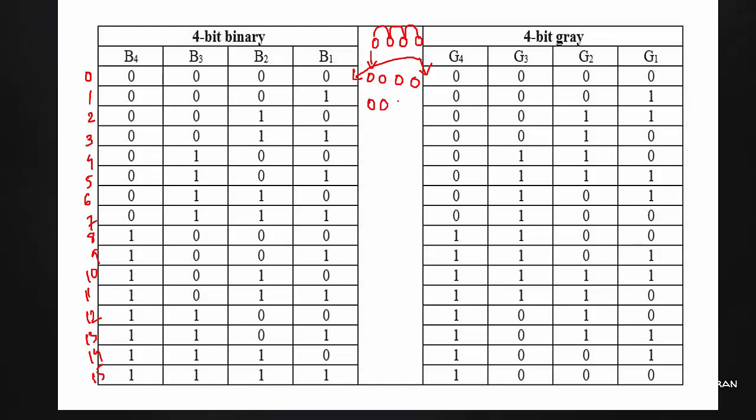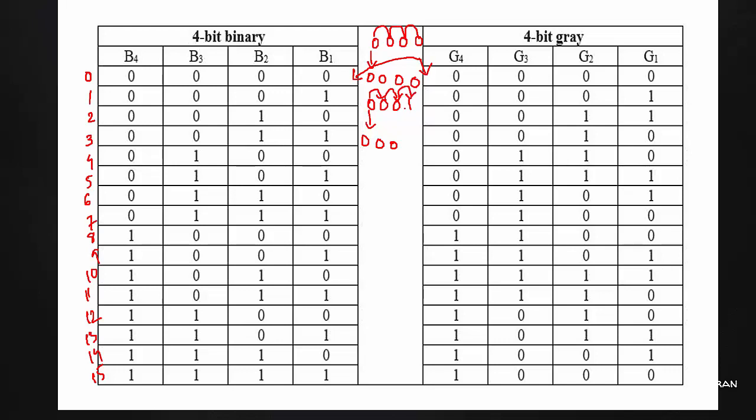Next is binary 0001. We need to get its gray code equivalent. Write the MSB bit as it is here in this gray code. Then take the XOR between these two bits. Bits are equal, so write 0. Then again XOR between these two adjacent bits, 0 and 0, so XOR gives the result 0.